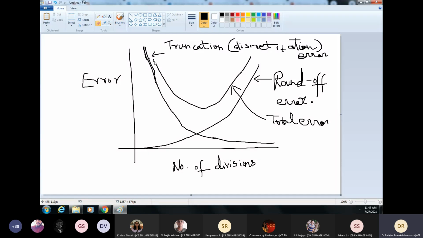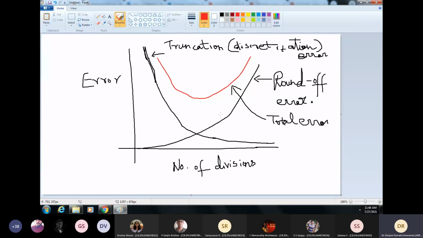So the total error. Error is something you don't like. It is like drag in your fluid dynamics. We don't want much drag. Similarly, here we don't want much error. So I put it in dark red color. This will be the trend, no?